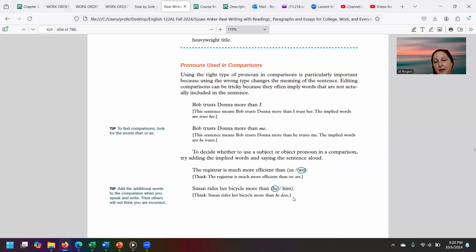Because then it's more than he rides his bike, right? So that's why it's a subject, because in this case, we're comparing two subjects. Susan rides her bicycle more than he rides his bicycle, okay? Because in this case, Susan is a subject and we are comparing how much these two people ride a bicycle.